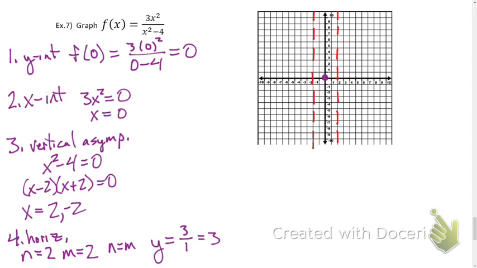So I need a horizontal line at 3. All right, we have 3 zones. We have a zone here, a zone here, and a zone here to plug in points for step 5.